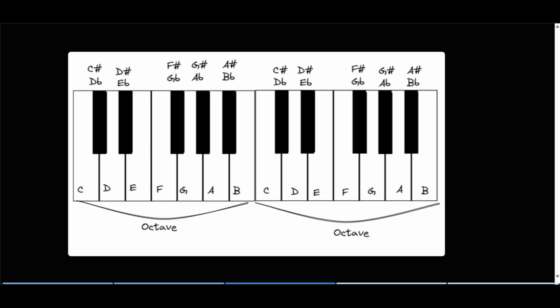Now you have to remember these things. This is very important when it comes to music.